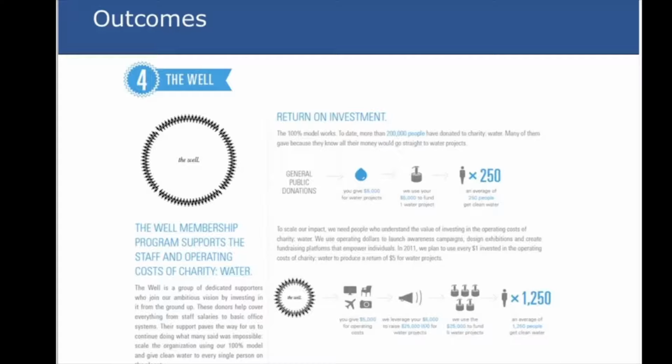The leveraging, as I say, which is their next one, is what they're talking about for the administrative costs of the organization. Same $5,000, but this $5,000 now goes to administration. They're able to take that and leverage it into $25,000 in money raised.